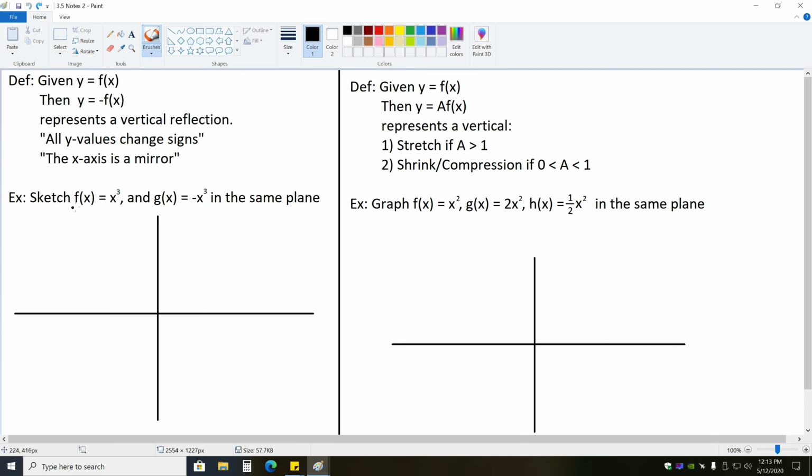So with that, let's go ahead and sketch f of x equals x cubed and g of x equals negative x cubed in the same plane. So the graph of x cubed is again hopefully something we have committed to memory. If not, if you just plug in some points or look at it on a calculator, you'd be able to get a general idea.